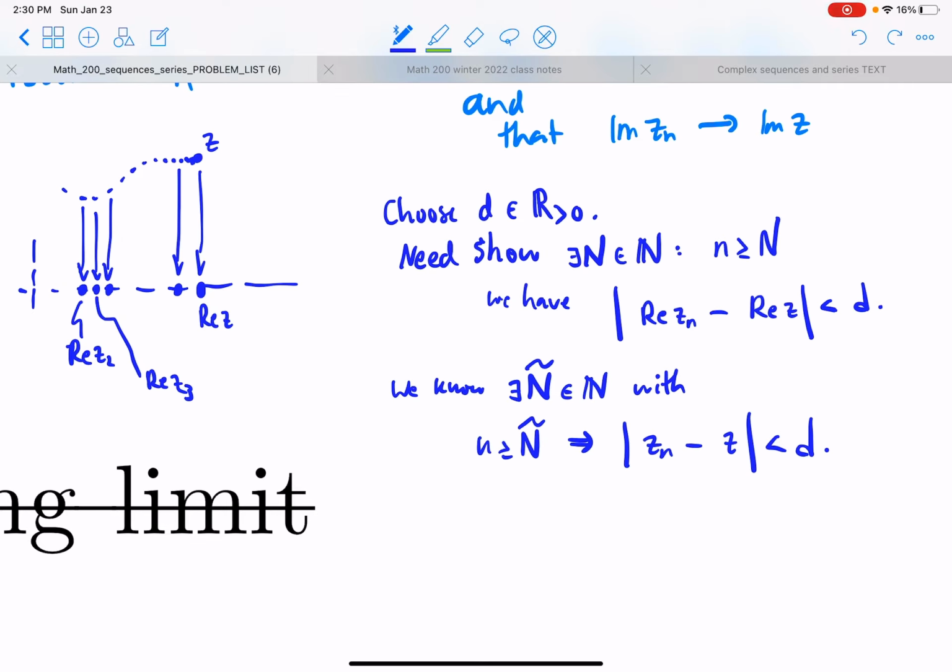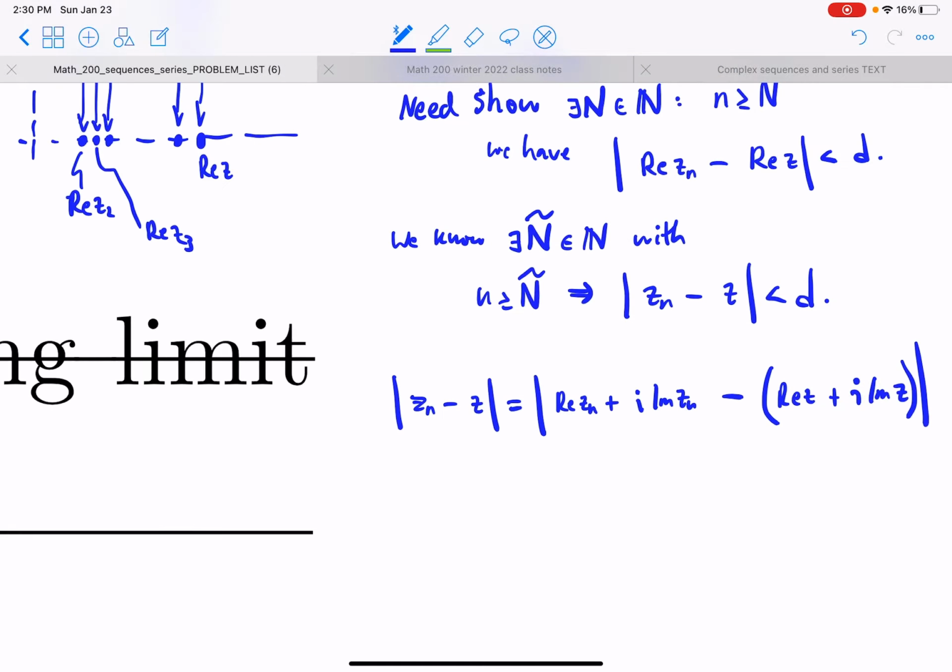Well, yeah, because z_n minus z is really just equal to the real part of z_n plus i times the imaginary part of z_n, and then z is really the real part of z plus i times the imaginary part of z, and that is, let's see, less than or equal to the real part of z_n minus the real part of z plus the imaginary part of z_n minus the imaginary part of z.